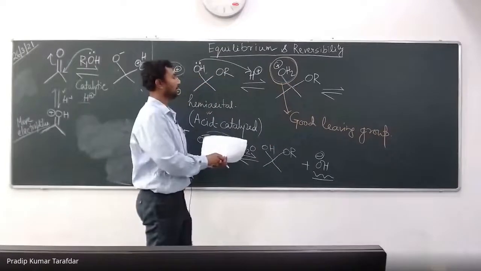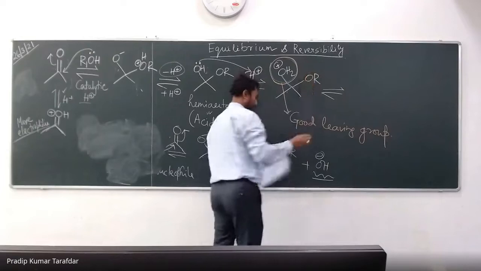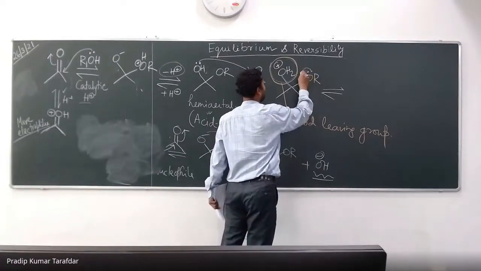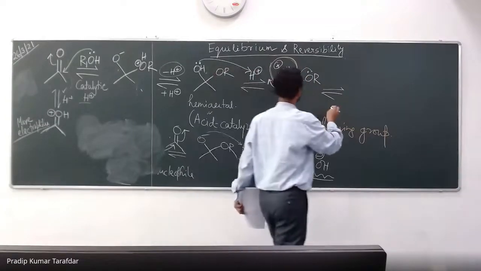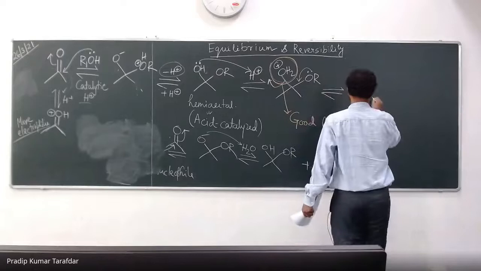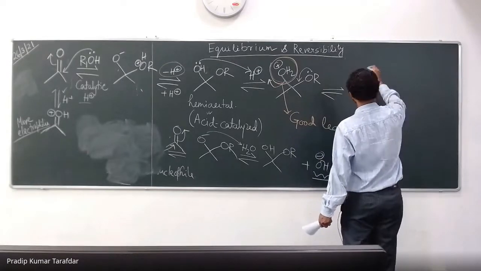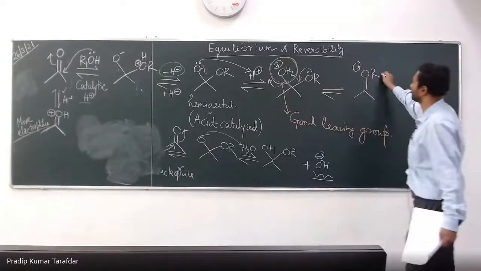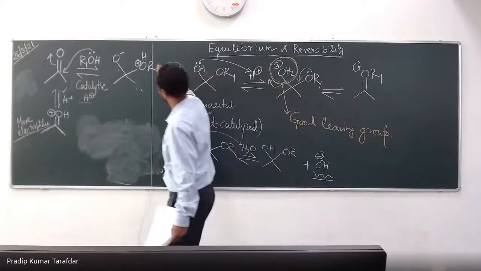So then what can happen? This one can attack and this will go. So I should get this double bond, OR, plus R1.